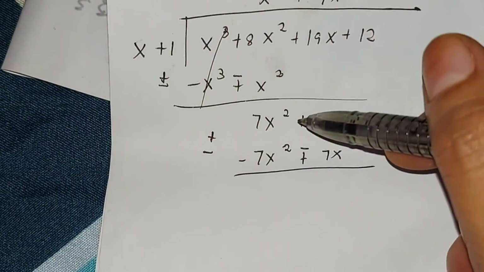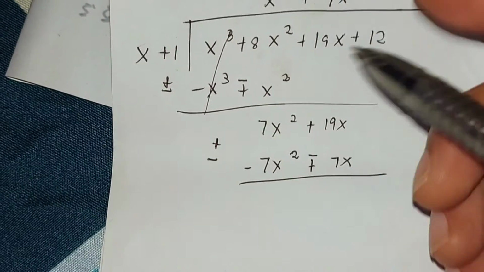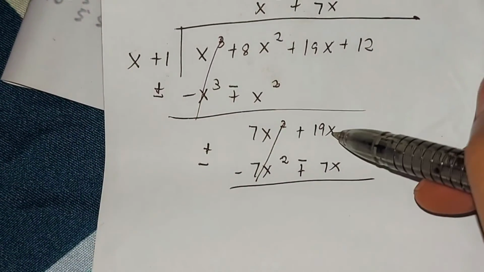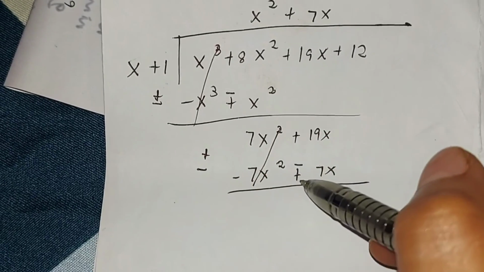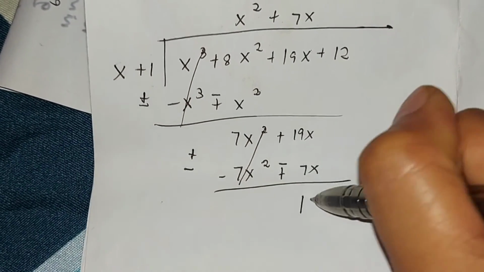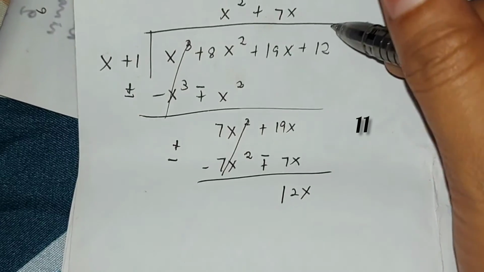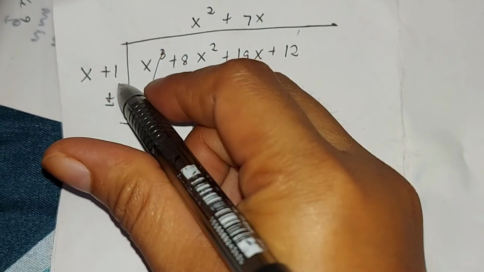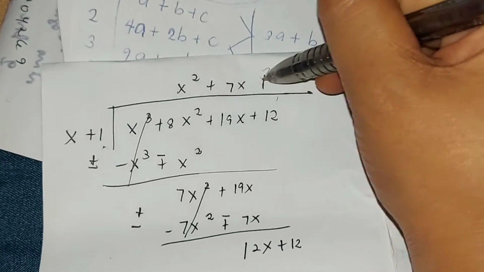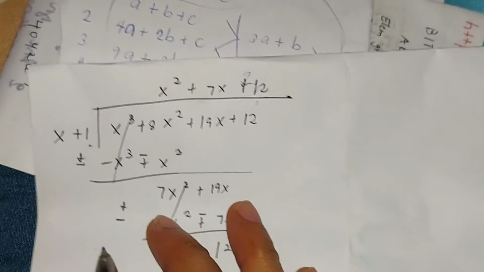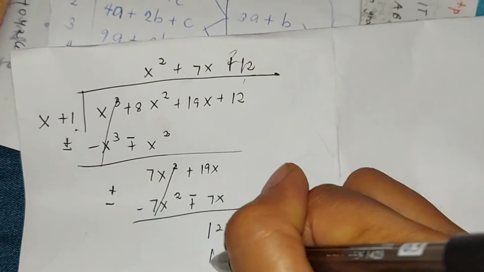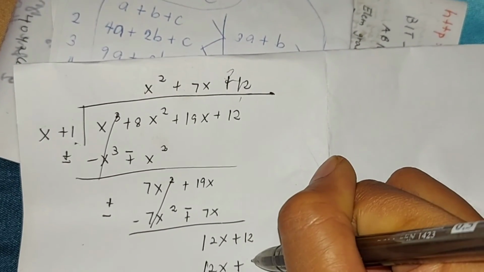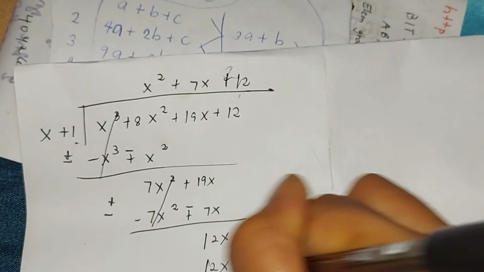Okay, 7x squared plus negative 7x squared is equal to 0. 19x plus negative 7x is 12x. Then bring down plus 12. 12x divided by x is positive 12. 12 times x, 12x. 12 times positive 1, positive 12.